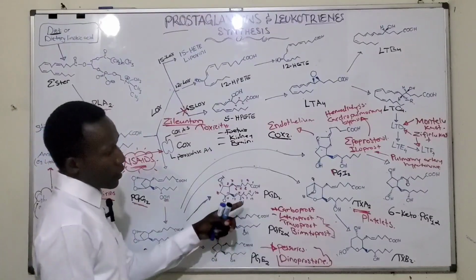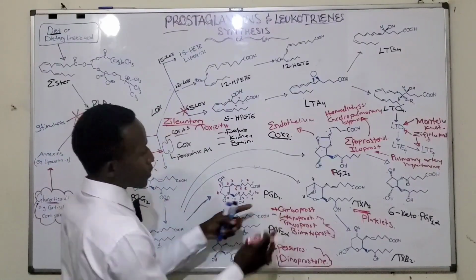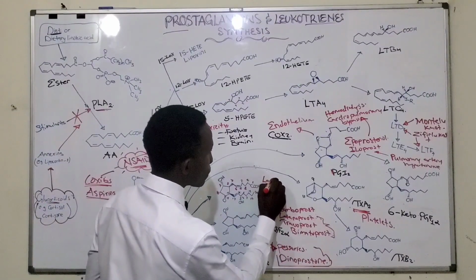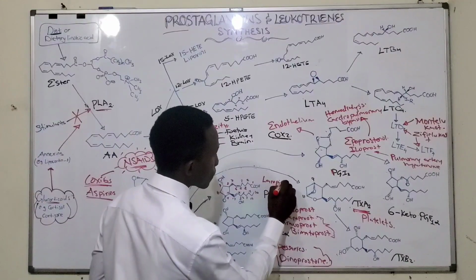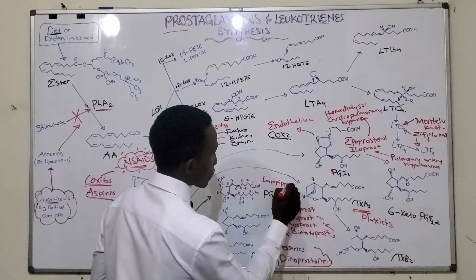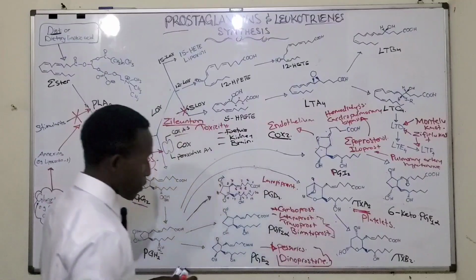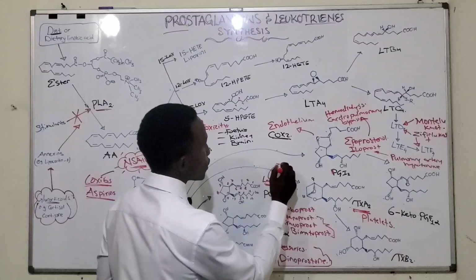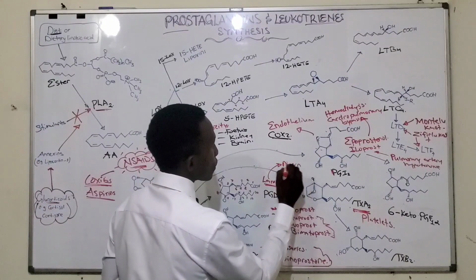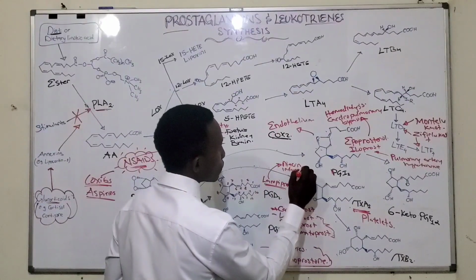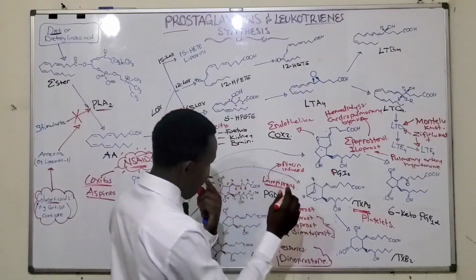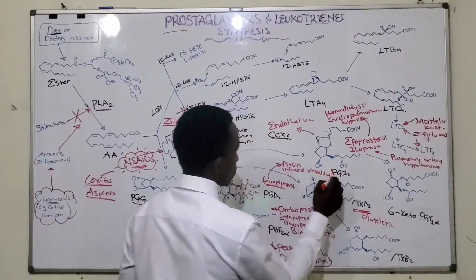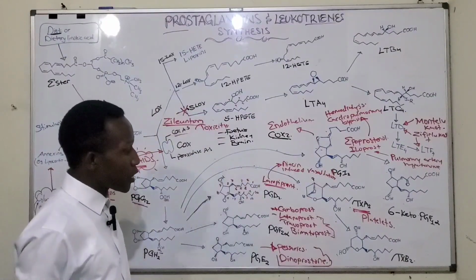We have here at prostaglandin D2, we have a drug called laropiprant. This drug is used in niacin-induced vasodilation.